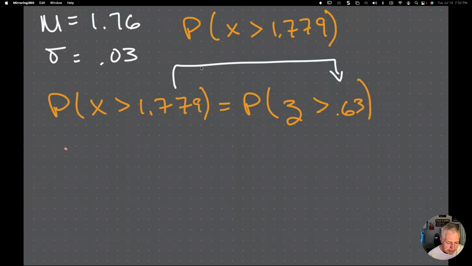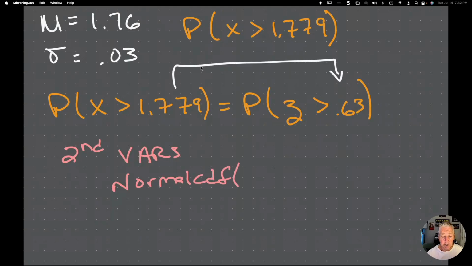So I'm going to go back to the calculator syntax, which is second vars, scroll down to normal CDF, and then I'm going to go from left to right. So my leftmost number here is 0.63, comma, which is right above the 7, comma, all the way out to 10. So 0.63 all the way out to 10.